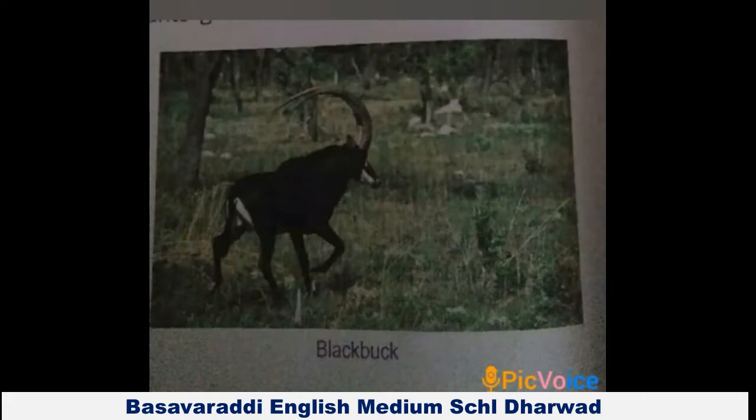Blackbuck, Indian wild ass, and the Indian gazelle are found here. Thar Desert is home to several species of reptiles.